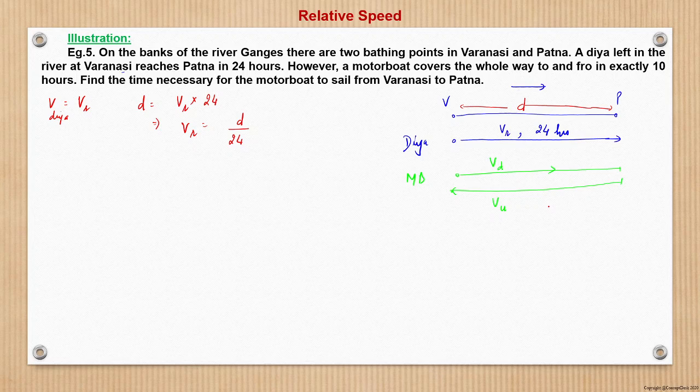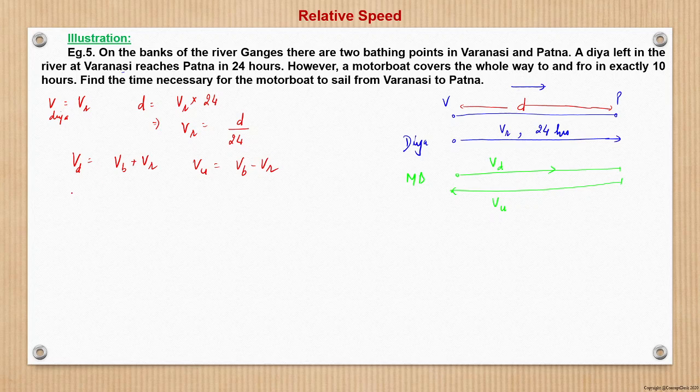It covers 2D in 10 hours at a speed which is the average of Vd and Vu. Vd we can write as Vb plus Vr, and Vu we can write as Vb minus Vr.